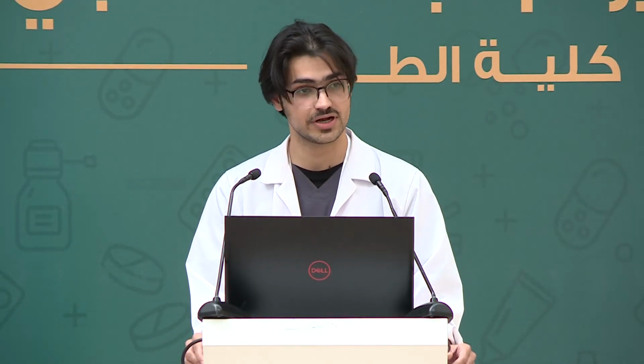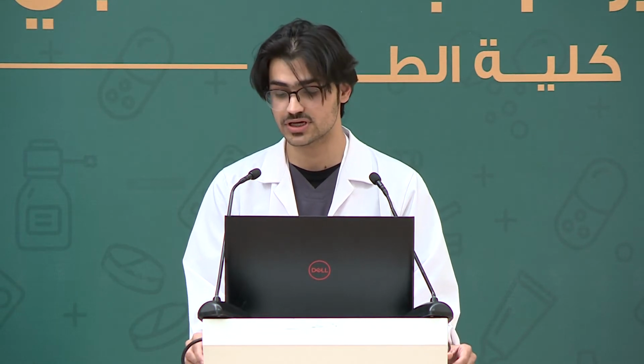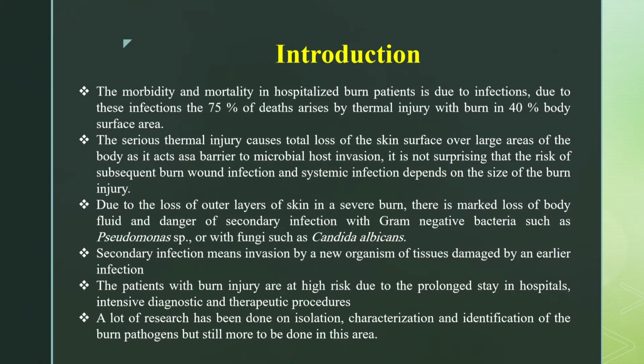Patients with burn injury are at high risk due to prolonged stay in hospitals and intensive diagnostic and therapeutic procedures. A lot of research has been done on isolation, characterization, and identification of burn pathogens, but still more remains to be done in this area.